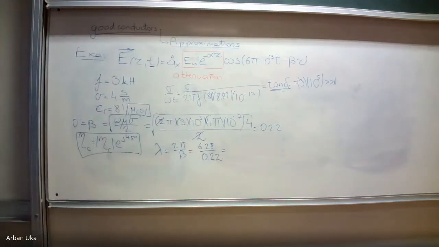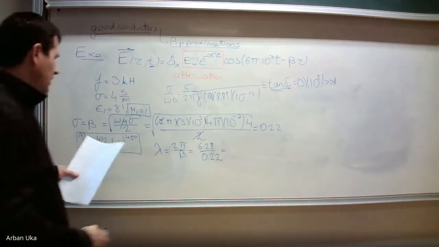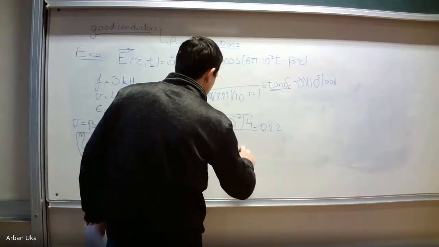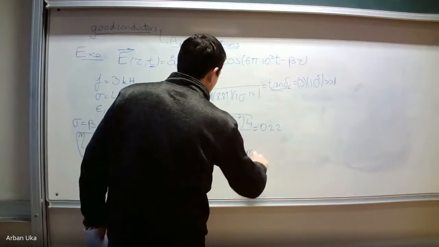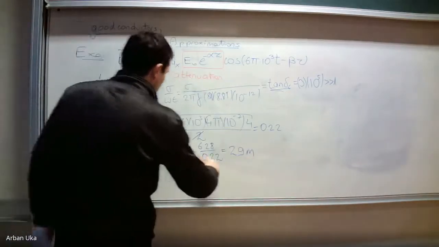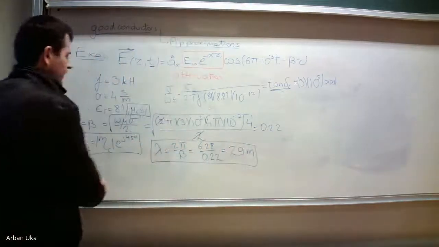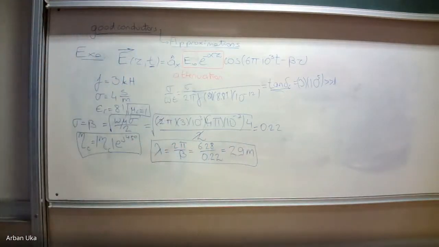And the wavelength is going to be something in the order of meters, around 29 meters. So here we have 29 meters for the wavelength.